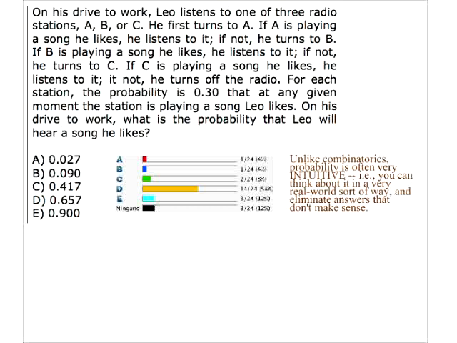So if you have to guess, then use intuition to rule out answers that don't make sense.